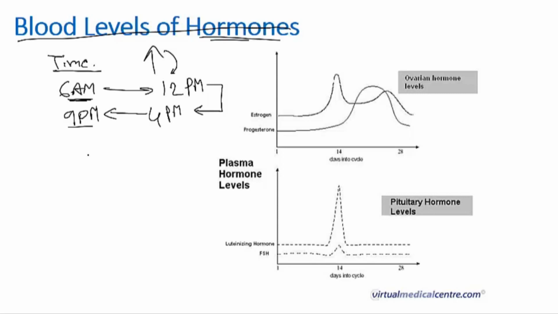Now hormones are metabolized and also excreted mainly by the liver and kidney. They metabolize hormones and take care of them. Water soluble hormones are easily degraded by the enzymes in the bloodstream and also excreted by the kidneys. For example, insulin.